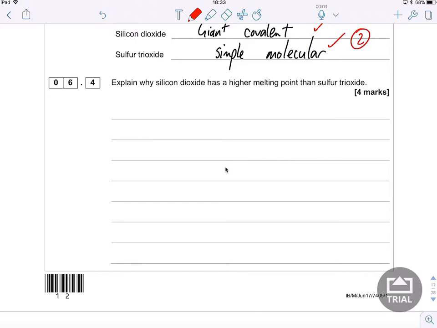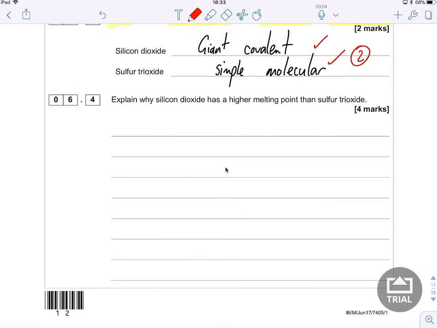So this is going to be about the type of bonding in each structure, and silicon dioxide is giant covalent, so it's not going to have any intermolecular forces, whereas sulfur trioxide has got covalent bonds inside the molecule, but it's going to have intermolecular forces outside of the molecule. So you've got to be really careful with what you say here, so that you don't lose yourself any marks. So I've got 4 marks.